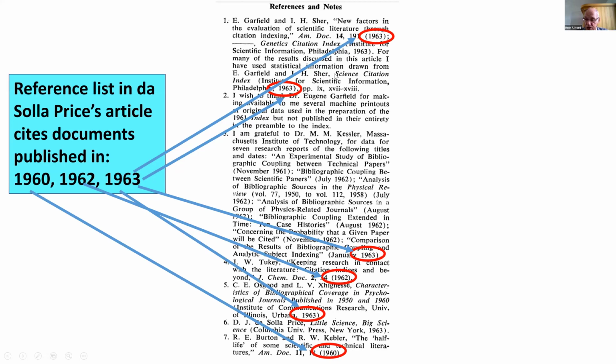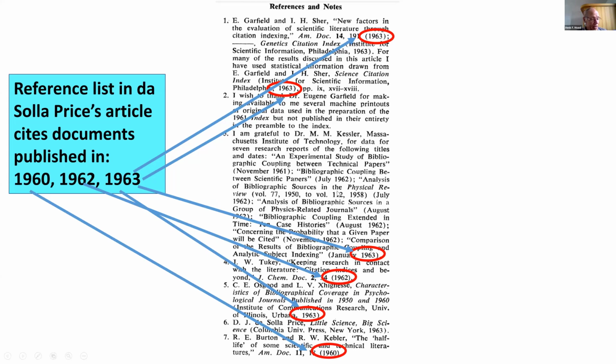The Price paper itself is published in 1965. So most of them are published in 1963 or 62 or 1960, right? So what you can see here is the distribution of the ages of the articles that are being cited in a particular paper, right?